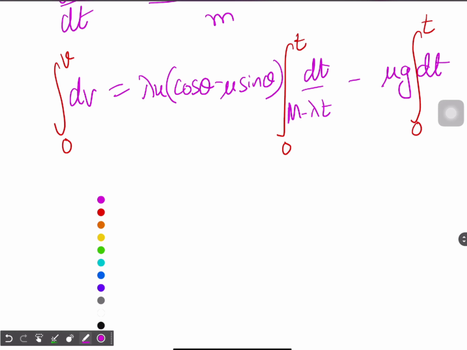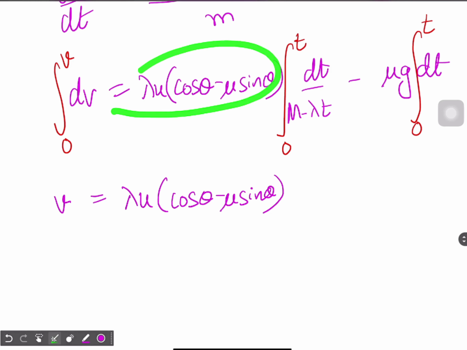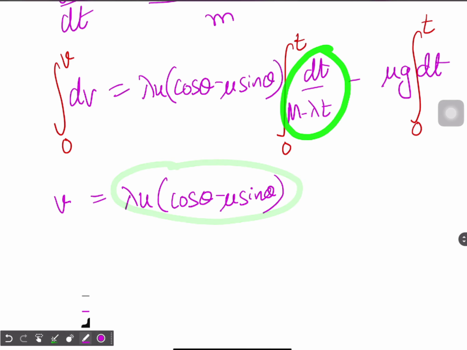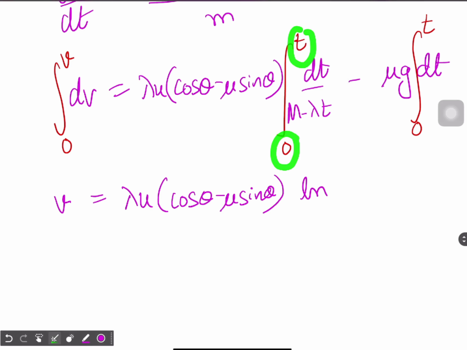So on the left side, after integration, we will get v. On the right side, lambda u (cos theta minus mu sin theta) is constant, and this integration will give me a natural logarithm. I'm directly putting the limits and giving you the final result.